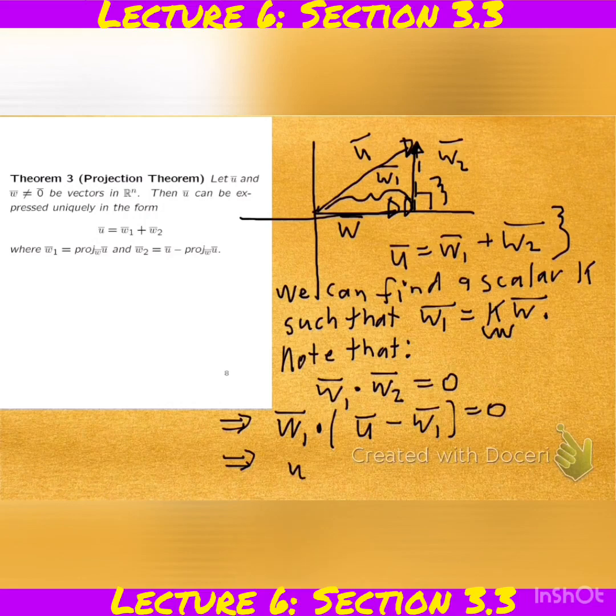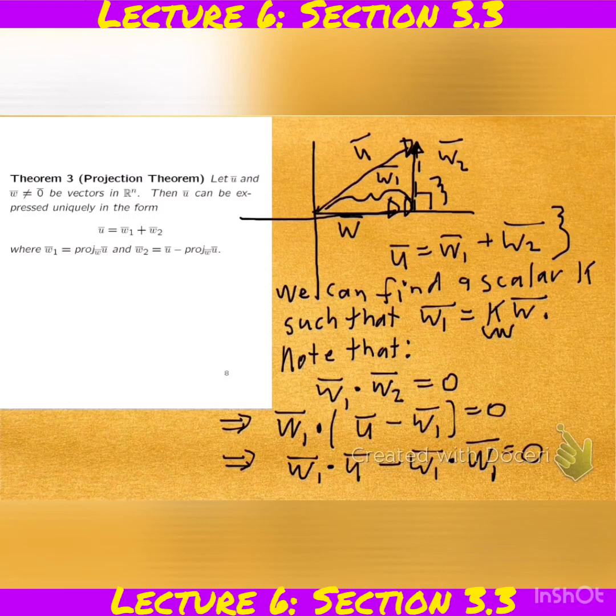Applying the dot product rules we did in section 3.2, you then have the dot product of w1 with u minus the dot product of w1 with itself is equal to 0.